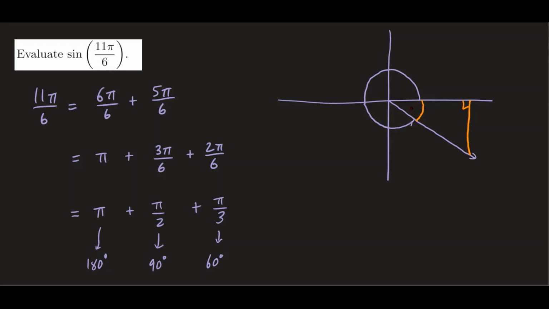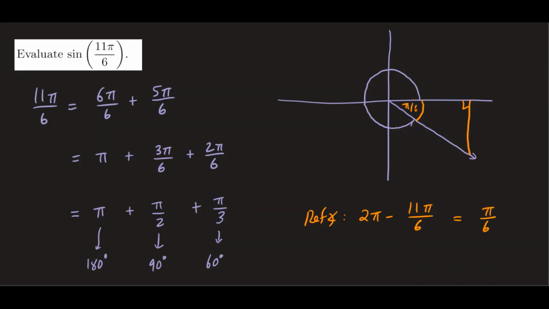So the reference angle is going to be 2 pi minus 11 pi over 6, because 2 pi will complete the entire circle. And by removing 11 pi over 6, we get that remaining piece, which is the reference angle. So this would give us pi over 6. So this angle we're looking at is pi over 6.